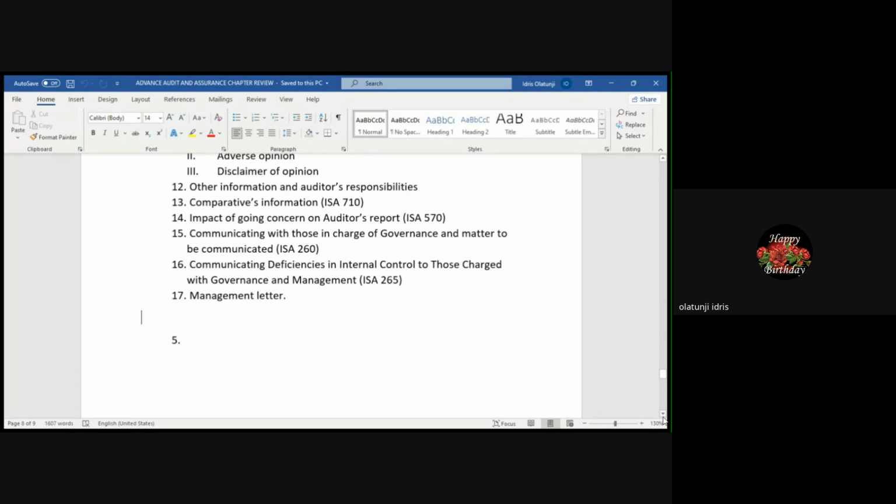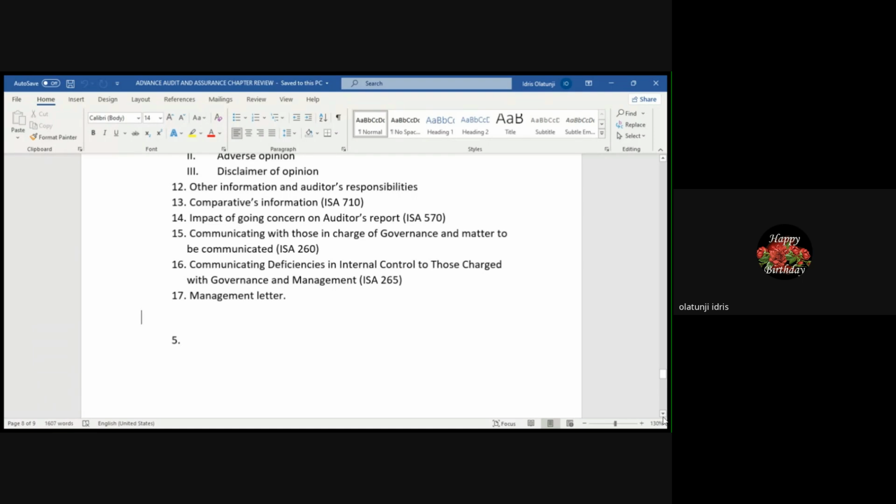Are they making profit safely? Are they worthwhile? Hope they don't have a going concern issue. So those things you are doing in due diligence, that is assurance services. Do you understand that one, ma?